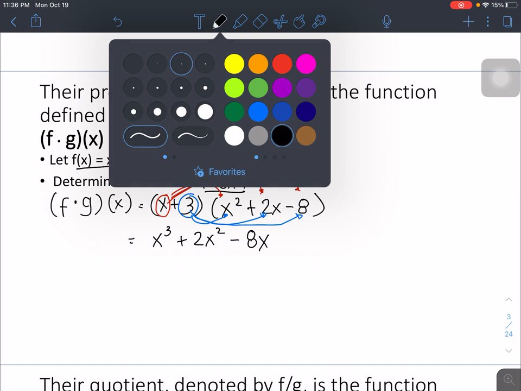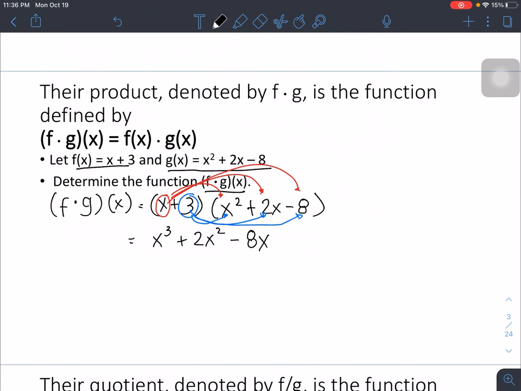I would like to perform this using my technique wherein I align all the similar terms in order to proceed to addition more easily. So 3 multiplied by x squared will be 3x squared. 3 multiplied by 2x will be 6x. 3 multiplied by negative 8 will be negative 24.